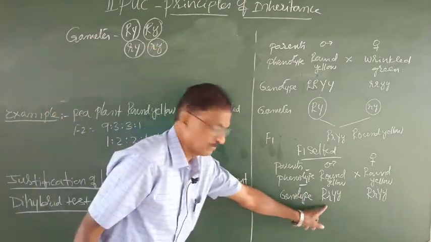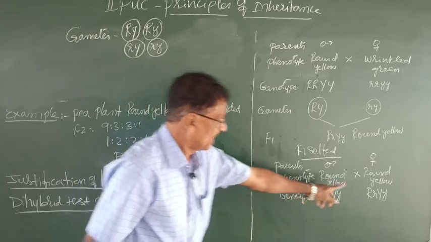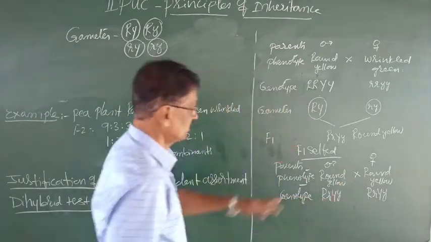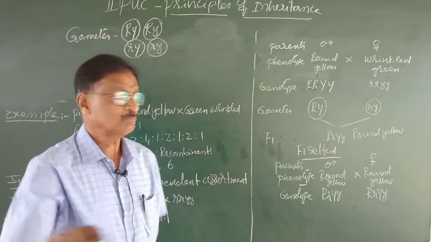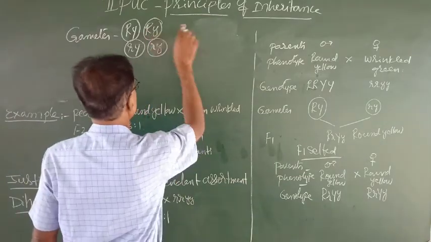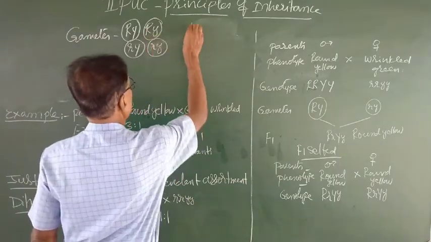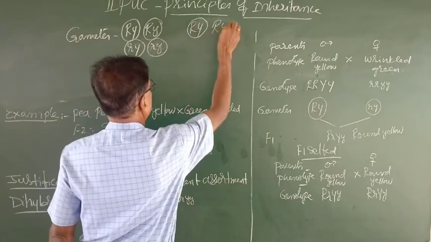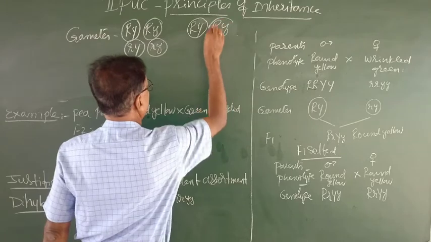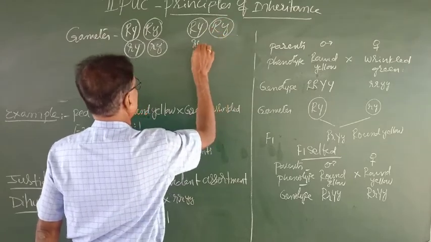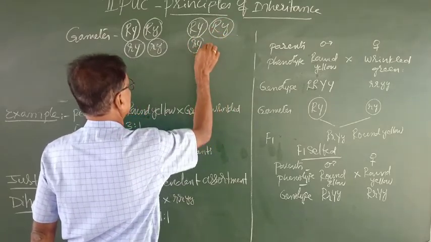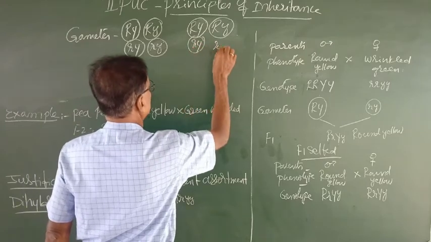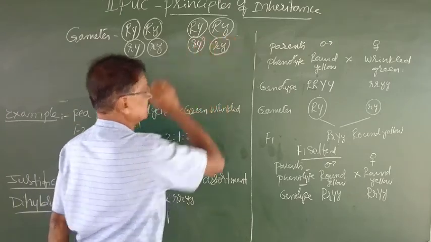So this plant produces 4 types. As this plant is also with the same genotype, you can expect the same number of types: capital R, capital Y, capital R, small y, and then small r, capital Y, small r, small y, like this.